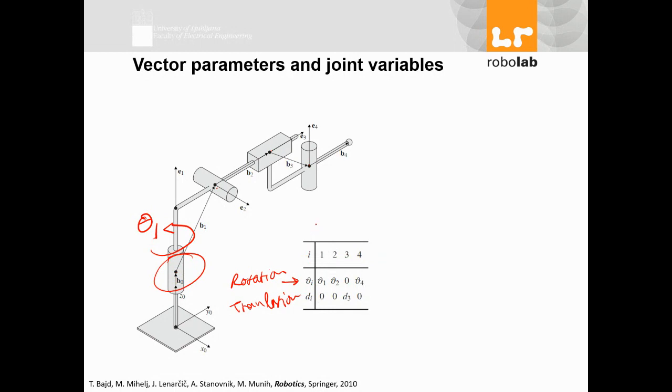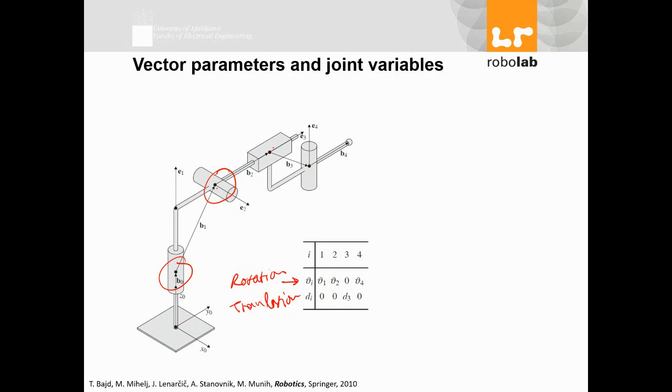Here are my variables, those which change, which I have control over using my drives, manipulators or actuators. So theta 1 for joint 1. For joint 2, I have another rotation, theta 2, and 0 translation.